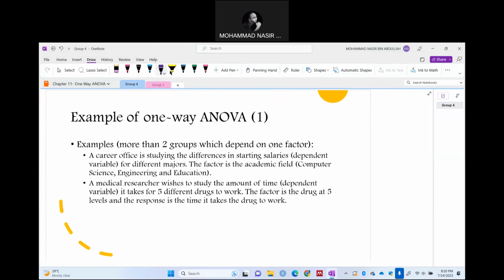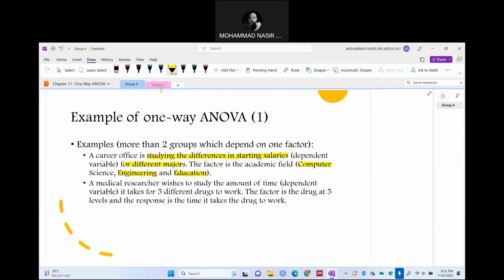So a career office is studying the difference in starting salaries, which is the dependent variable, for different majors. So we have three different majors: computer science, engineering, and education. So we want to know, is there any significant difference of mean starting salary between graduates from computer science, engineering, and education, right?